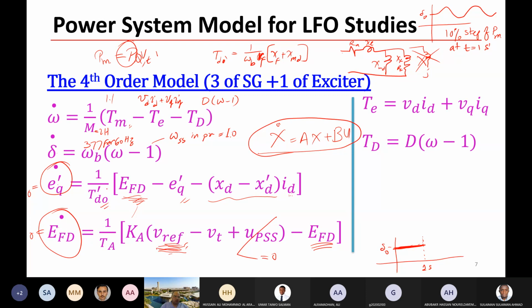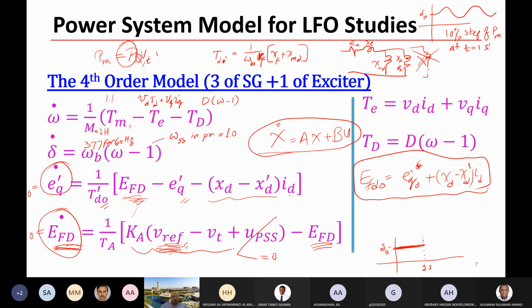If EQ prime dot equal to 0, then EFD will be equal to EFD0, equal to EQ prime 0, which is already calculated before, plus XD minus XD prime times ID. So this is all known now. And also at steady state, EFD dot equal to 0, and I know this part equal to EFD.